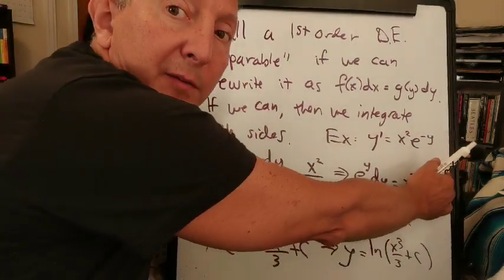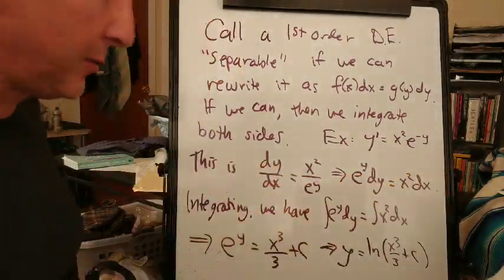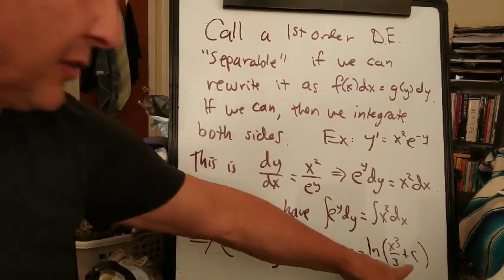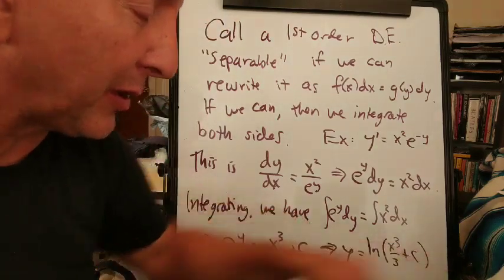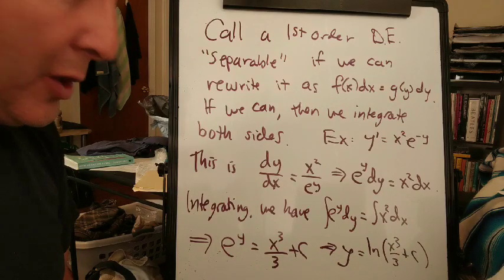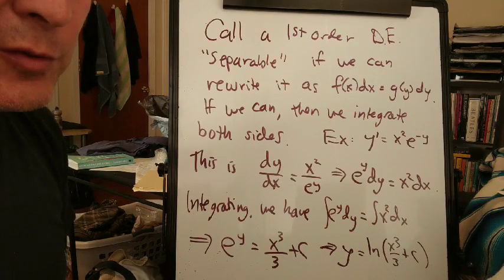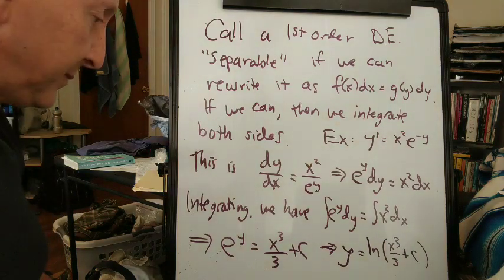So then we can ask which one of these solutions, so there's infinitely many solutions because we plug in all different real numbers for c, passes through 0, 2?